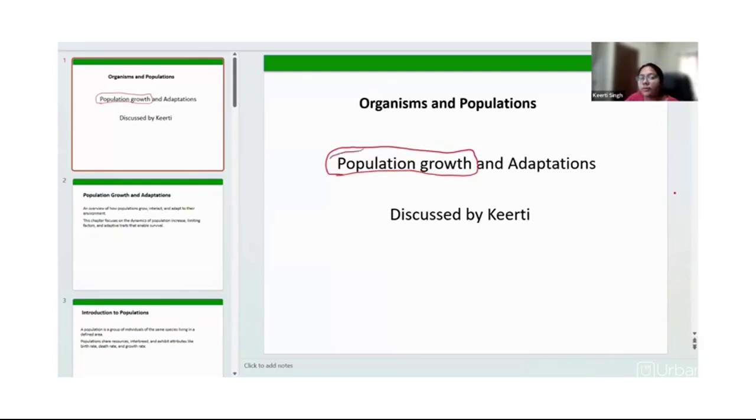So when we talk about population, we are actually talking about a particular type of species, whether we are talking about the microbial population or the growth of bacteria, or a particular type of species of plant, right? So we have taken all these into a single subject, that is ecology, where we are going to study the interaction that is happening between all the populations of organisms present in the environment.